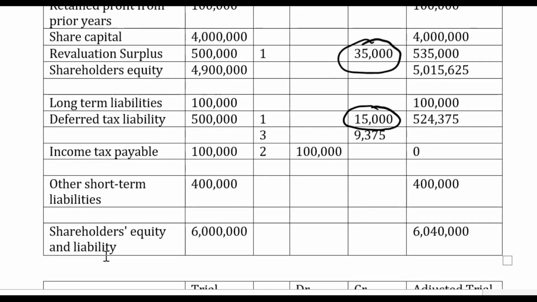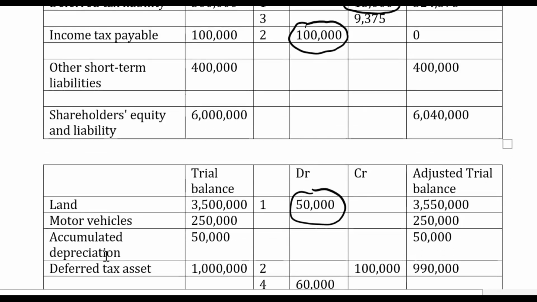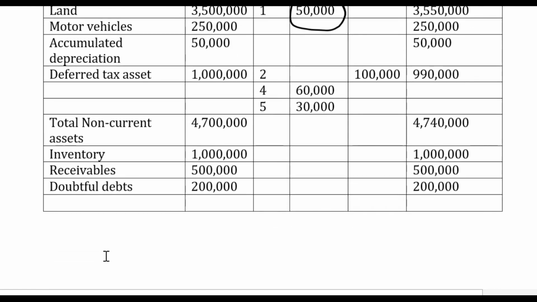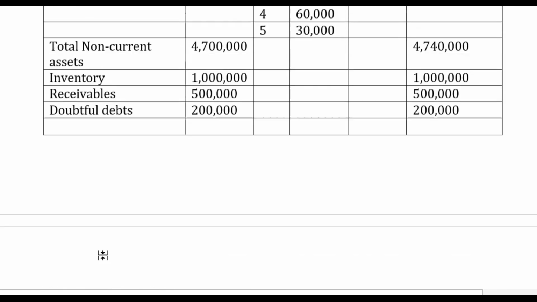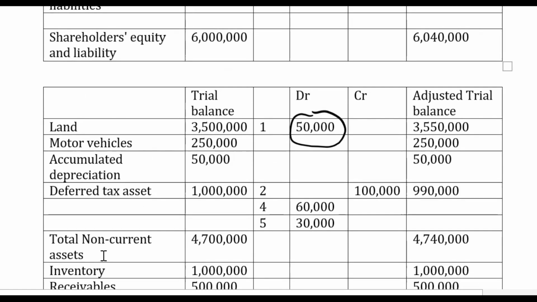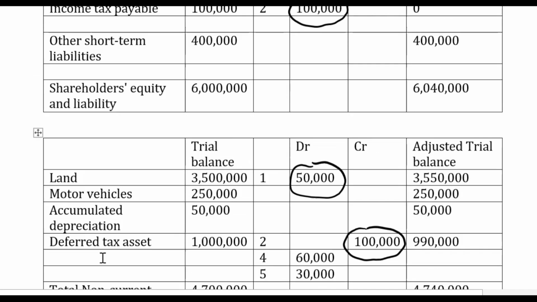When we write off the tax loss, we are now debiting the tax payable because the tax payable is going to decrease, and that is coming out of our deferred tax account. So our deferred tax asset account is decreased by 100,000. So that's our second entry.